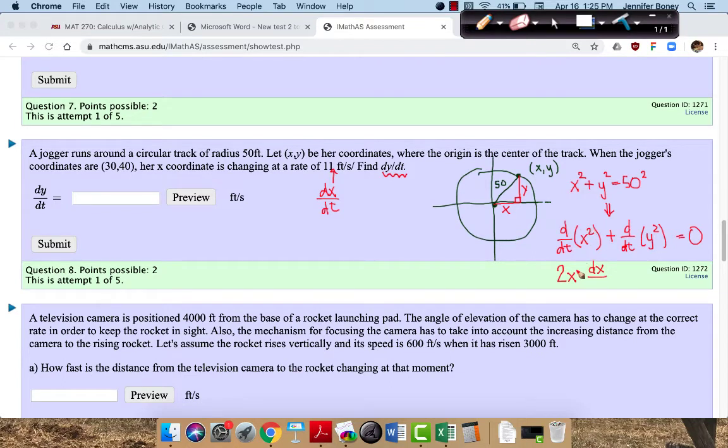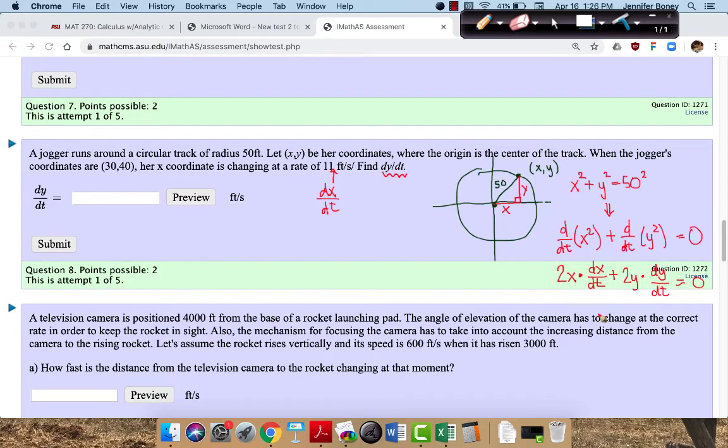So 2 times x to the first power times the derivative of whatever x is. This isn't a dx in the front, otherwise we'd be done with that part. It's a derivative with respect to t. So the two halves to this sum work exactly the same. x and y, when they're squared, their derivative with respect to some other variable is otherwise the same. So dy/dt.